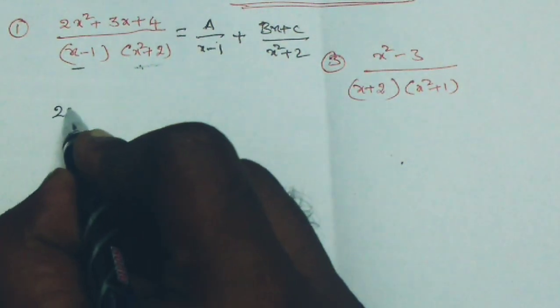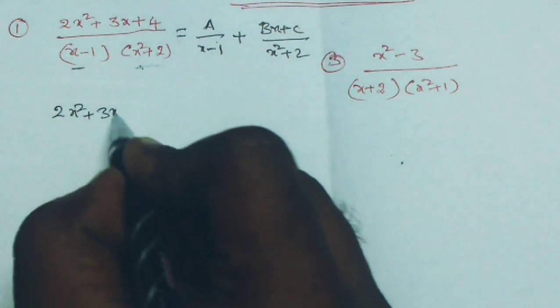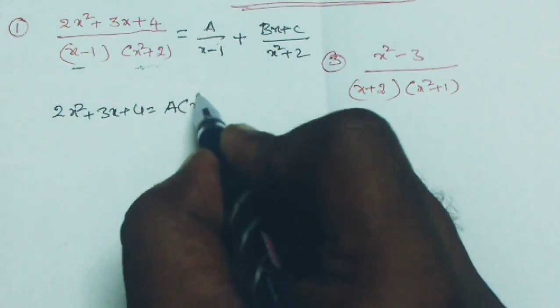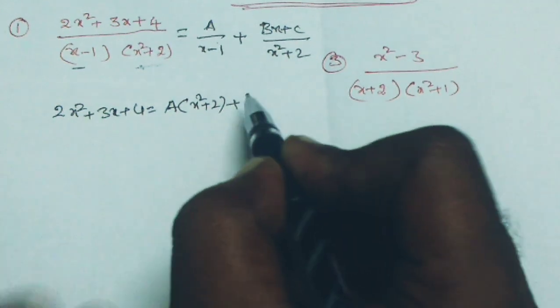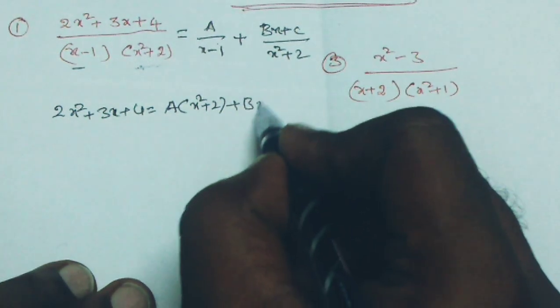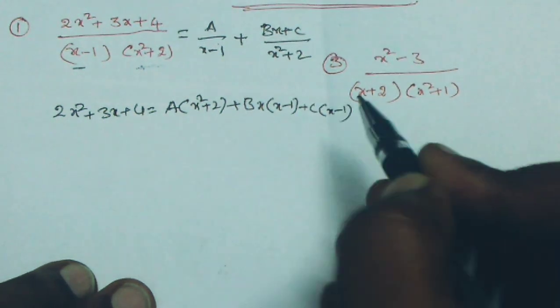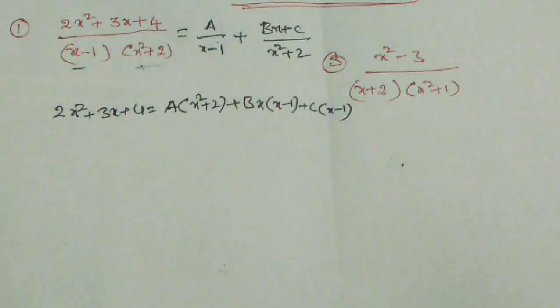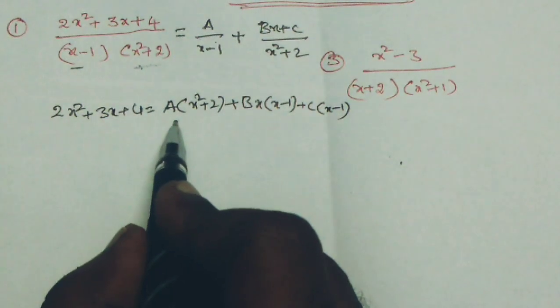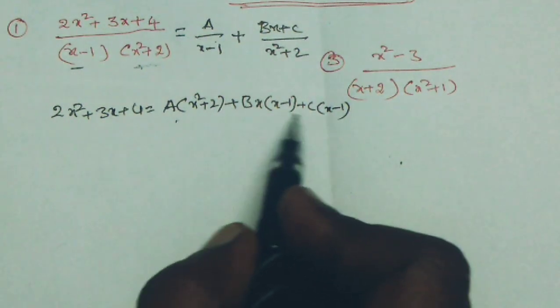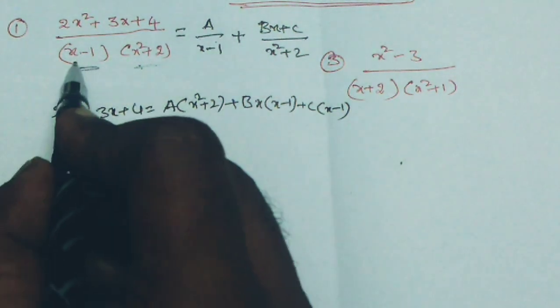So 2x² + 3x + 4, by taking the LCM, we will get a(x² + 2) + (bx + c)(x − 1). In order to calculate a, b and c, here x − 1 is there.